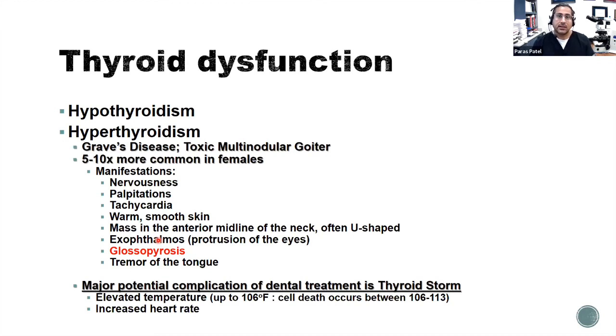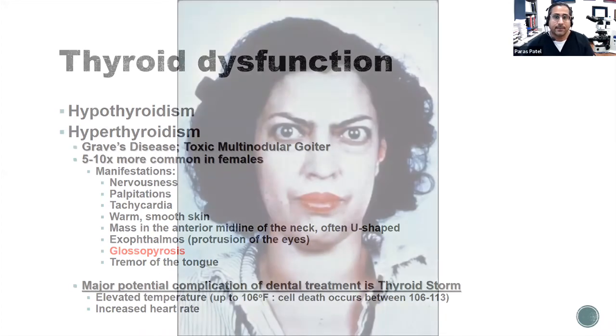It is a massive release of thyroid hormone, which will drastically elevate your blood pressure, your heart rate, and your temperature. It'll climb fairly quickly to about 106 degrees, and cells start to die off between 106 and 113 degrees. And so this can result in a very devastating situation chairside.